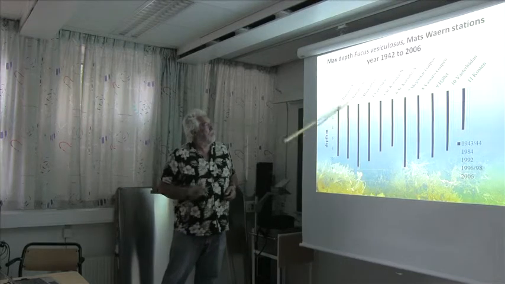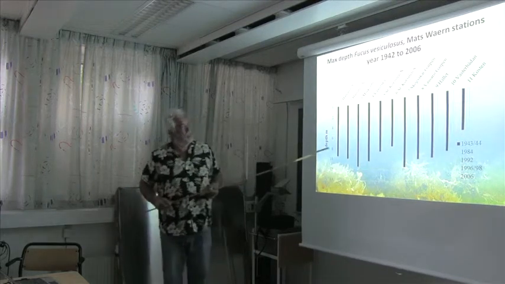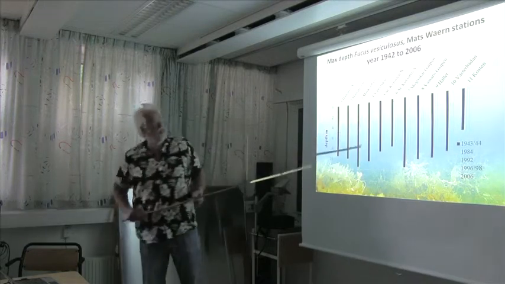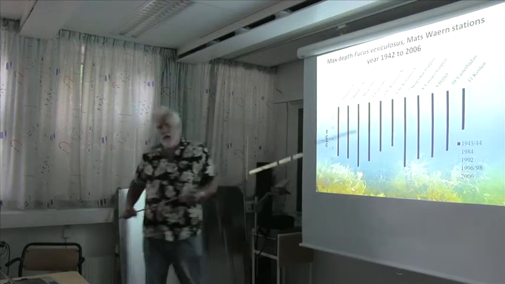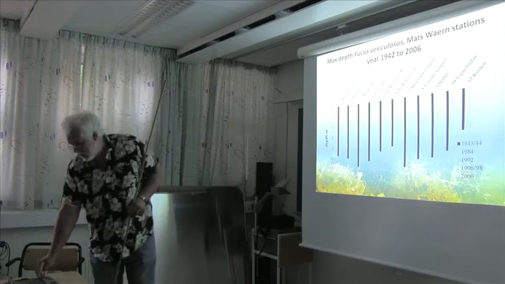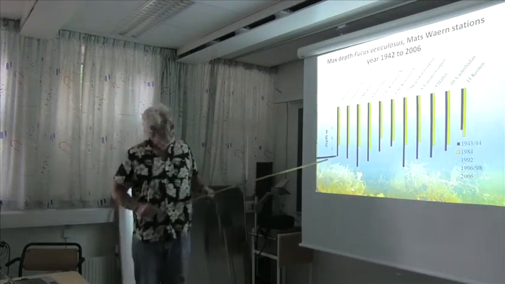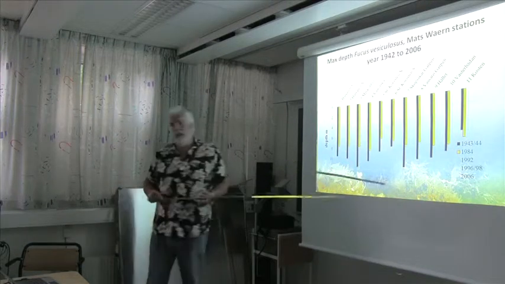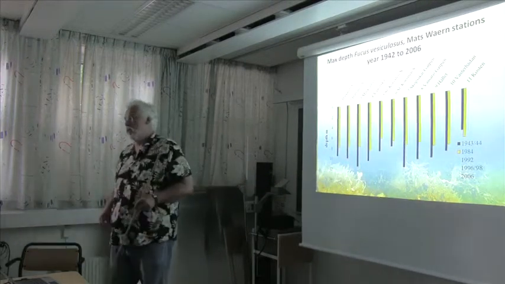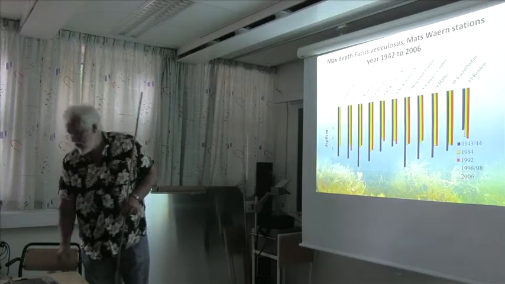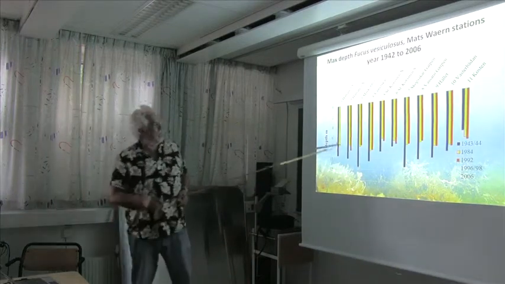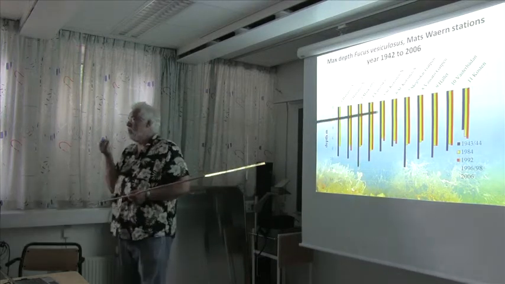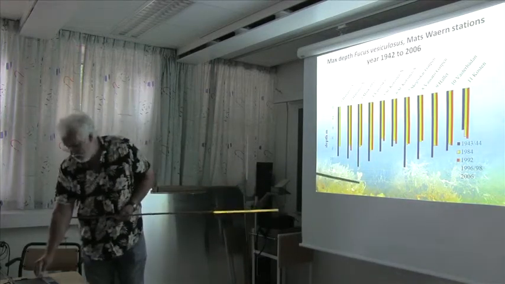And these are the same results, also from Mats Wern's stations. This was how deep he found Fucus at the different stations we revisited in 1984. We saw that on almost all stations, Fucus had decreased its depth distribution. But then we were there again in the beginning of the 90s, and at several of the stations Fucus had again increased its depth distribution.